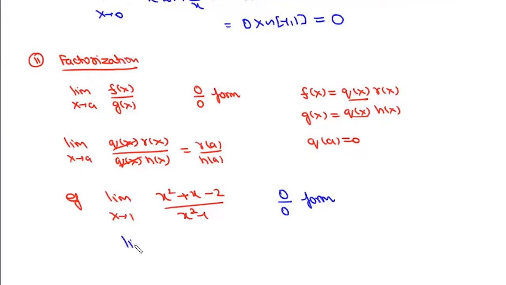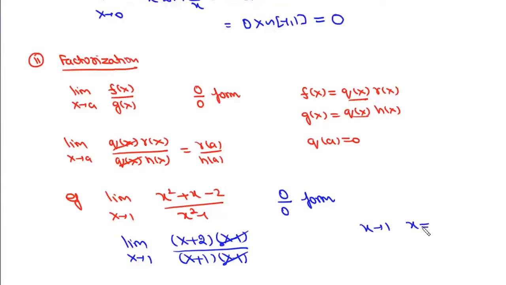Now if we factorize this, we can write this as limit x tends to 1. Now this is (x plus 2) into (x minus 1), and this is (x plus 1) into (x minus 1). Now we can cancel this x minus 1 with x minus 1, and we can do so because x tends to 1 and x is not 1.